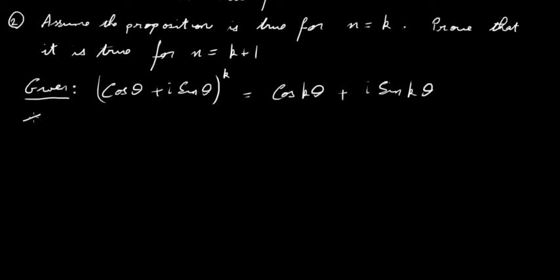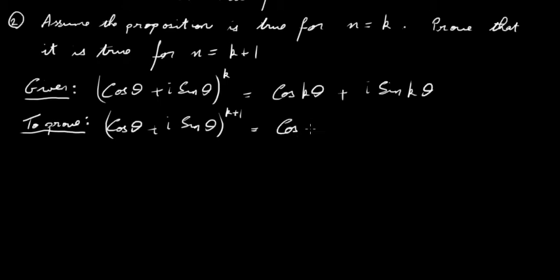So what we want to prove then is that (cos theta plus i sine theta) to the power of k plus 1 is equal to cos (k plus 1) theta plus i sine (k plus 1) theta.